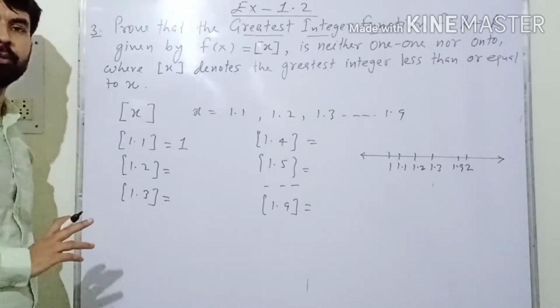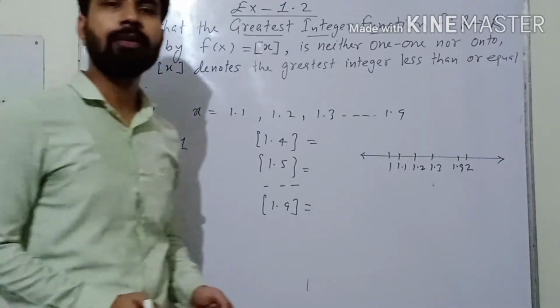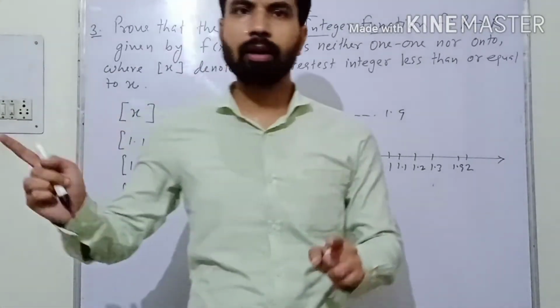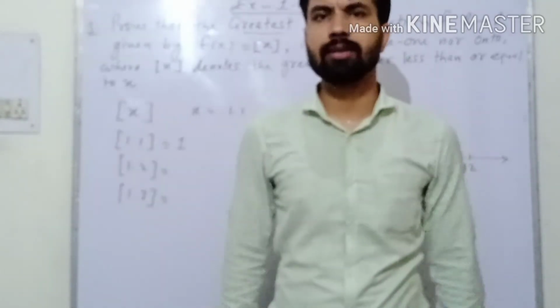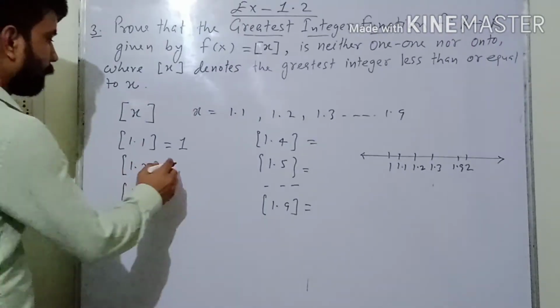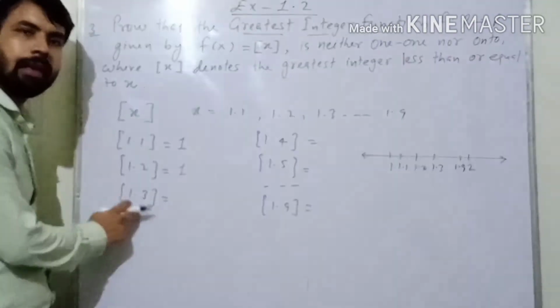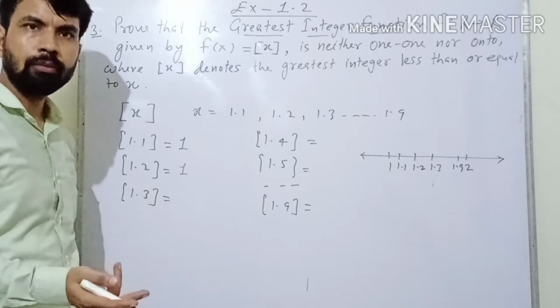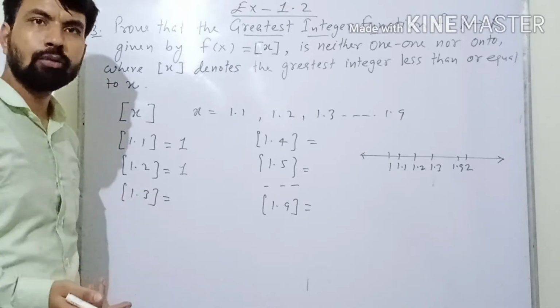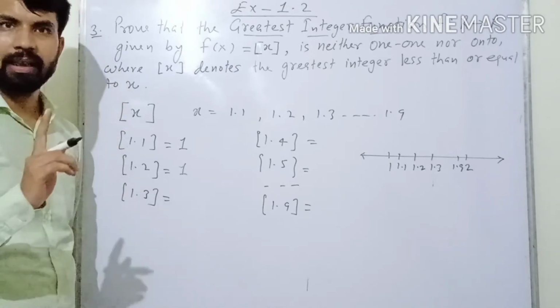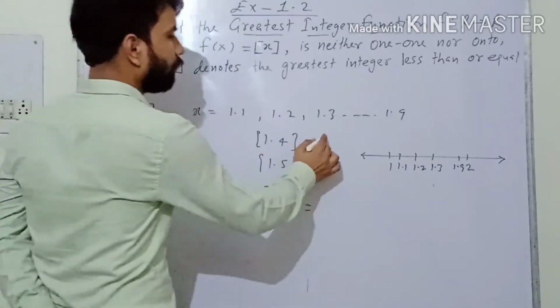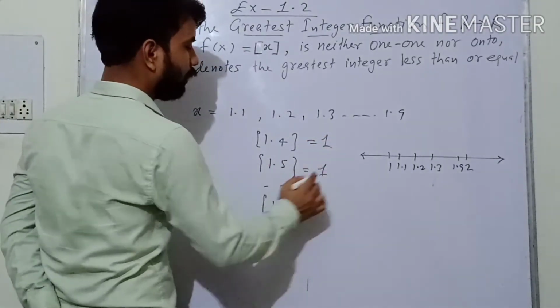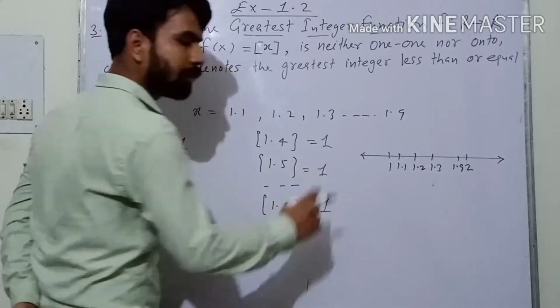Similarly, 1.2 lies between which integers? Again 1 and 2. Out of 1 and 2, 1 is the smaller, so its value is also 1. Same here, 1.3 lies between 1 and 2, and 1 is the smaller, so its value is 1. Same for 1.4, 1.5, 1.9, the value is 1.